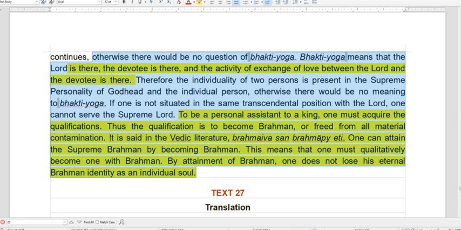It is said in the Vedic literature, Brahmaiva san brahmapy eti. One attains the supreme Brahman by becoming Brahman. This means that one must qualitatively become one with Brahman. By attainment of Brahman, one does not lose his eternal identity as an individual soul.